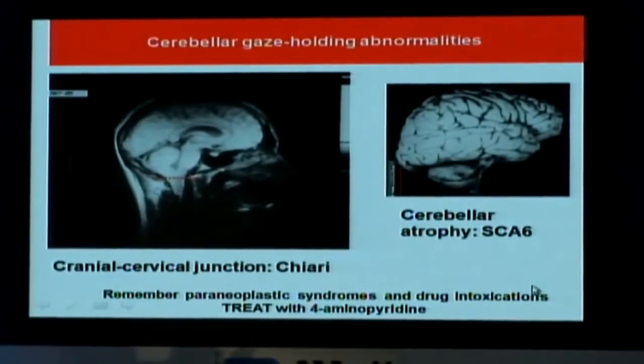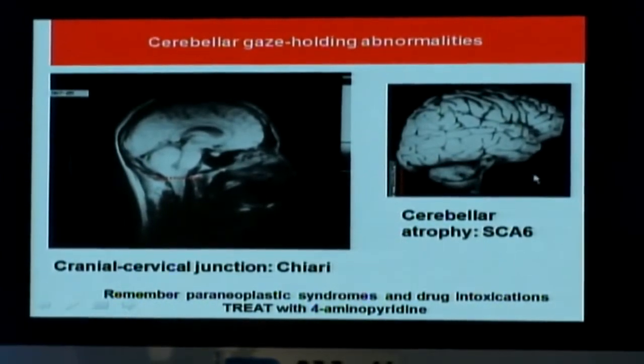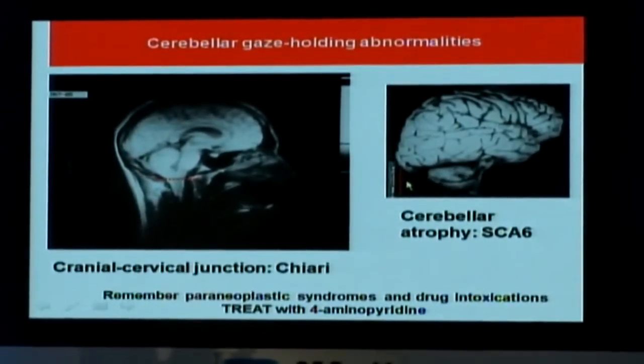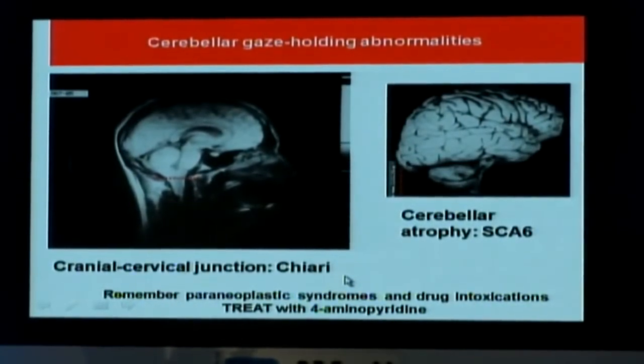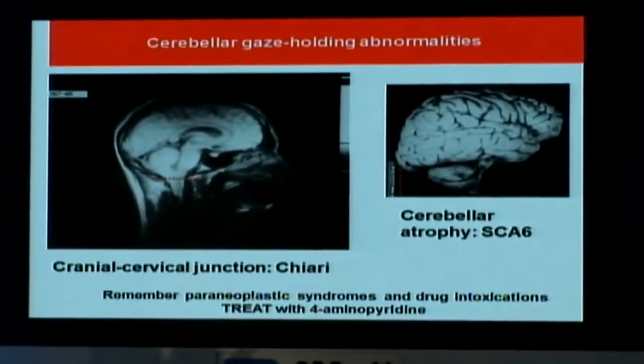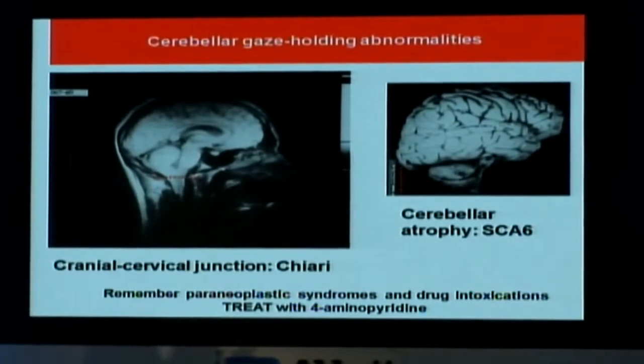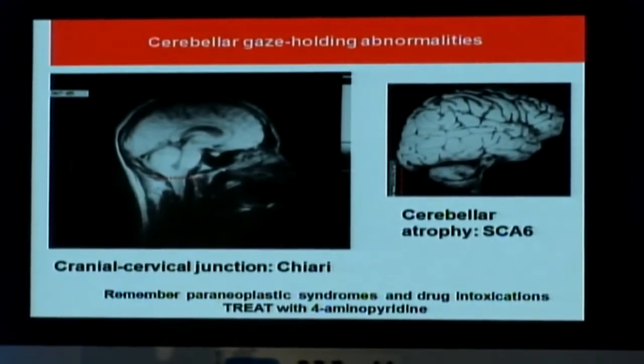The cerebellum should go to the occipital pole. Remember paraneoplastic syndromes in middle-aged folks, and drug intoxications. And this is very treatable nowadays, probably in 50% of patients, with the aminopyridines. So let me give you a few summary points about downbeat nystagmus.